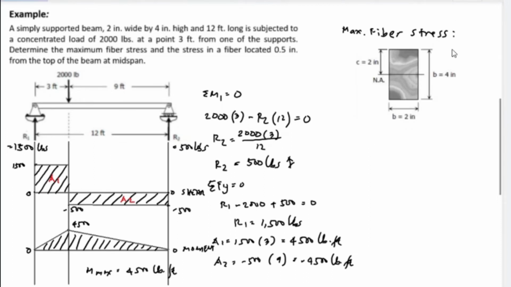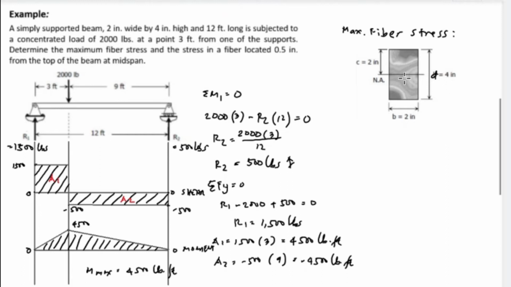So we have the maximum fiber stress, and based on the beam size, we have the base, which is 2-inch, and the depth, which is 4-inch.